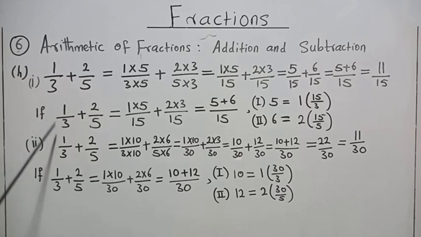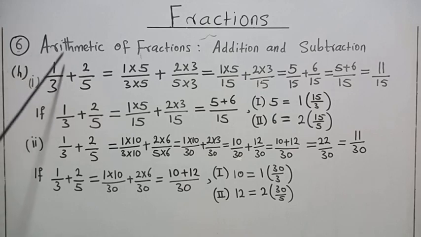The same 1/3 plus 2/5 is done in a different way. 3 and 5, apart from having 15 as their common multiple, also have 30 as their common multiple. So I'll choose 30 as the common multiple of 3 and 5 in solving it in this way.